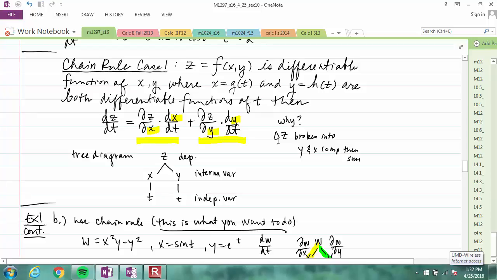The first case is one where we have a function in terms of two variables, and each of those are a function of some parameter t. So this is actually kind of like a parametric equation.